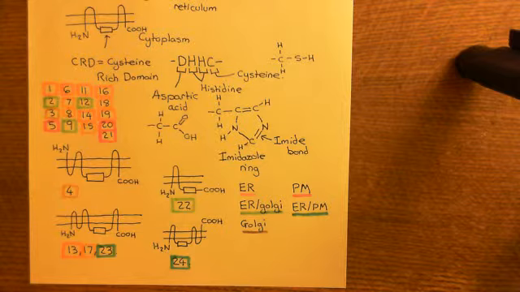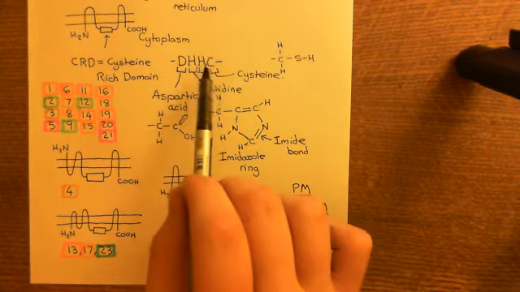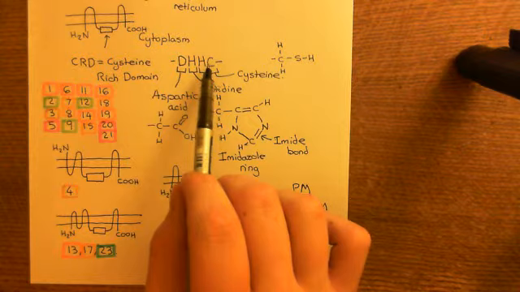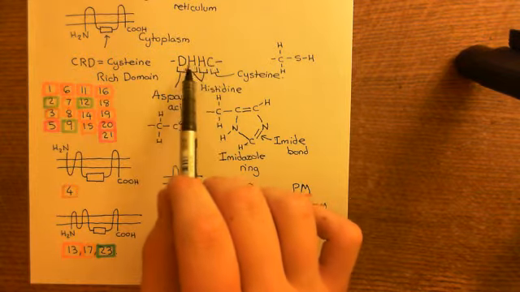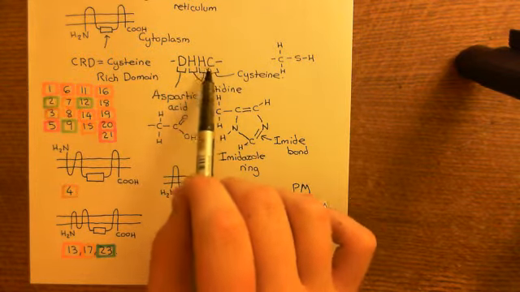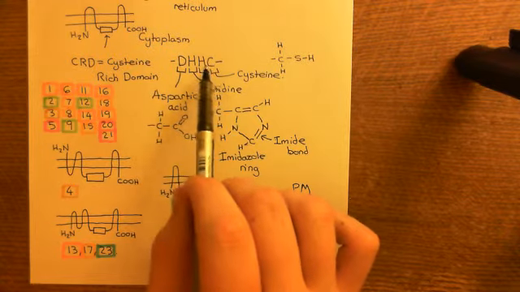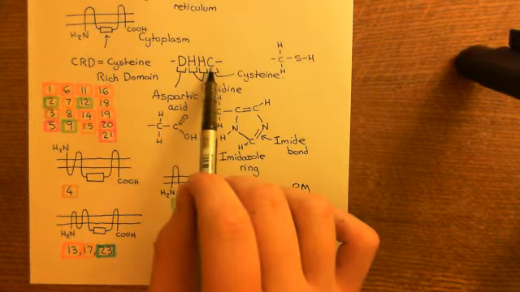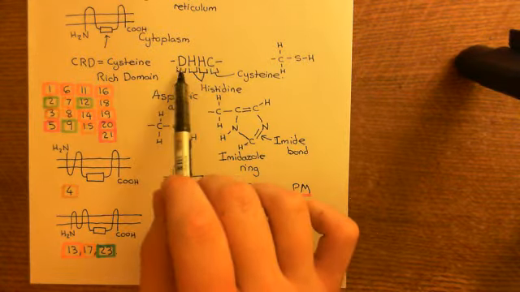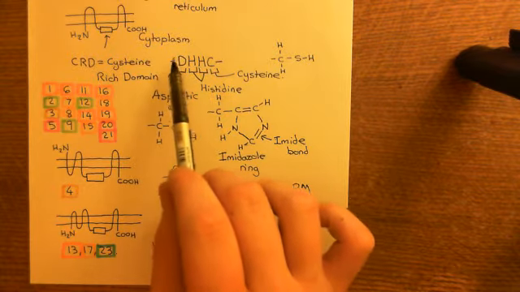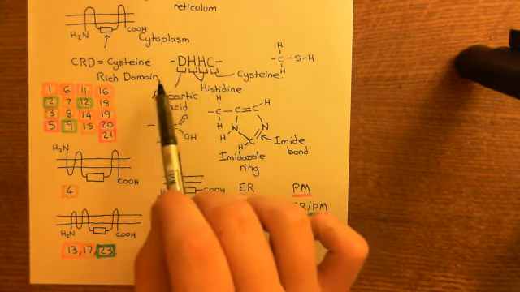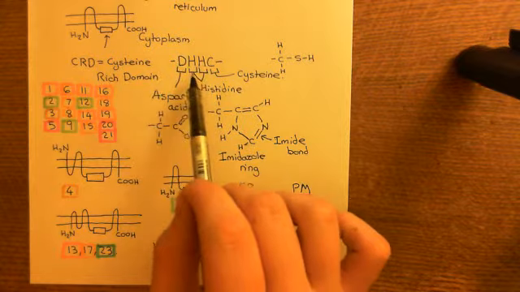Okay, and basically what happens is that the palmitoyl group from the palmitoyl coenzyme A temporarily goes onto the cysteine residue within the DHHC region of the DHHC enzyme, and then it is transferred from the thiol group of the cysteine residue of the DHHC sequence in the DHHC enzyme onto a cysteine residue within the target protein.